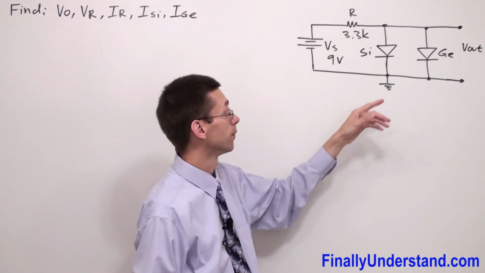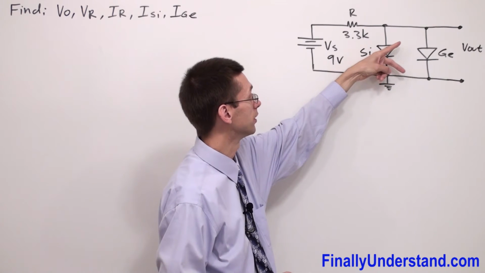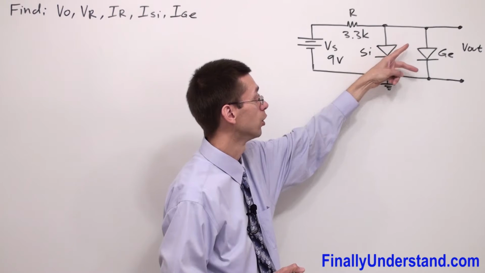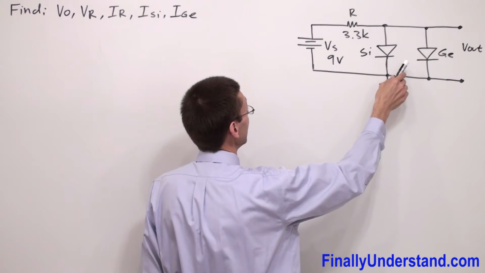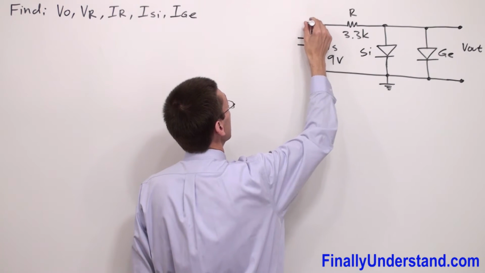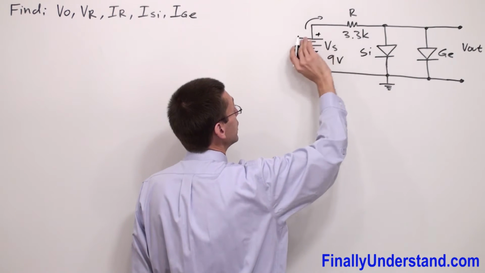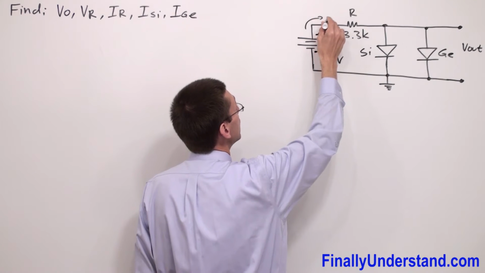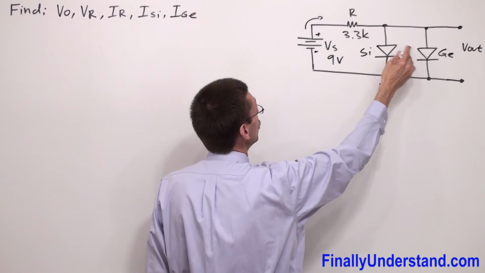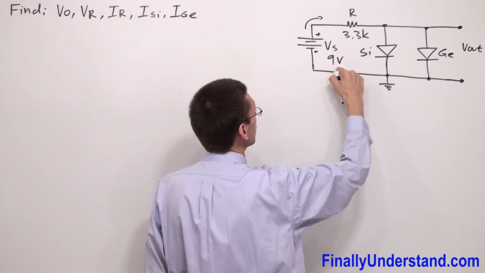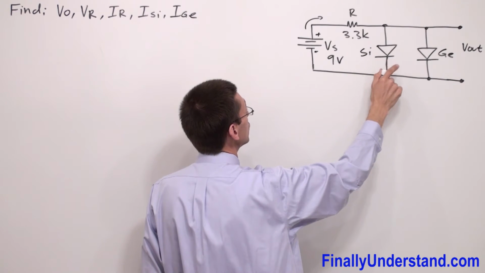And please notice that the output voltage is the voltage taken across the germanium diode. So if the diode is in the on state, and it is on because the current is pushed by the voltage source clockwise, and the direction of this current is exactly the same as the arrowhead of the diode symbol, and this voltage is much greater than 0.3 volts, then this diode is for sure conducting.